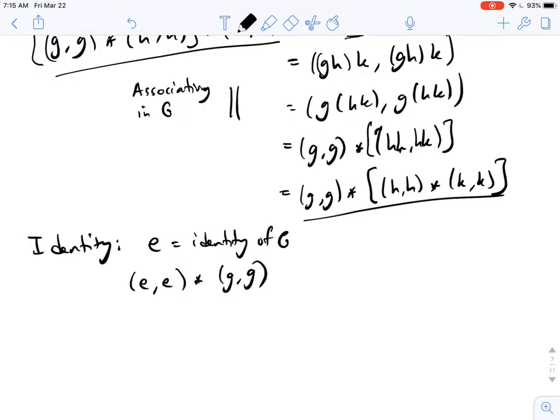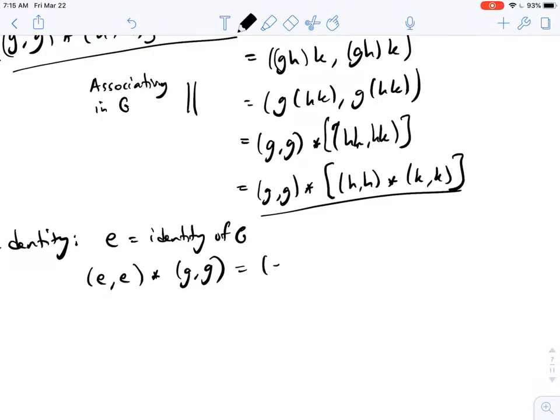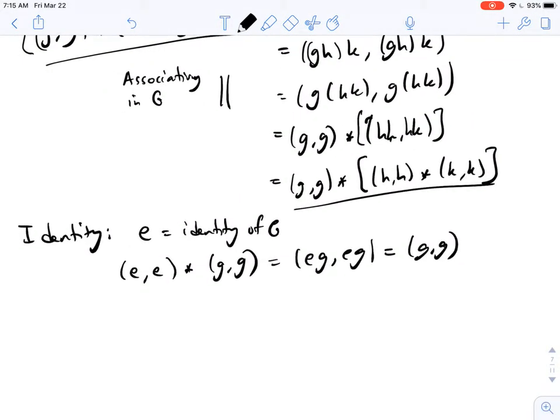If I multiply on the left by (e, e), I'll get (eg, eg), and, well, sure enough, that's (g, g). And then remembering I have to check both directions, but it works similarly. So (ge, ge), which is (g, g). Okay, so I have an identity element.